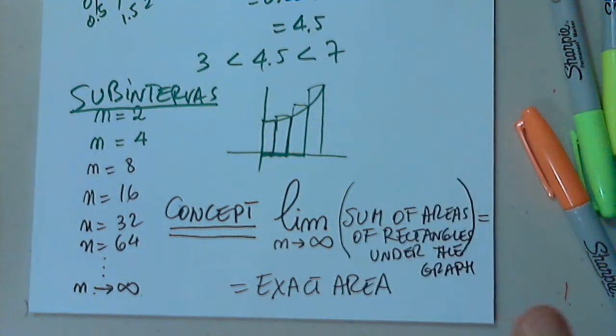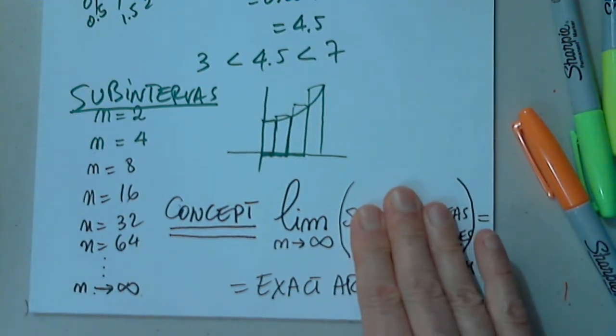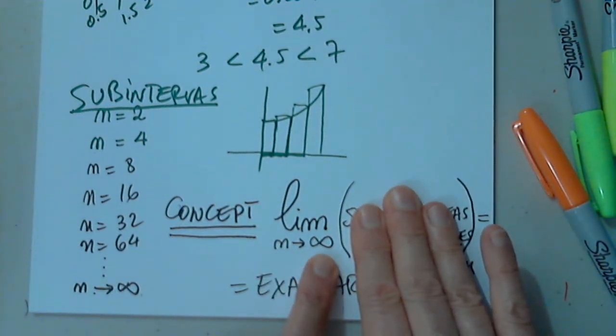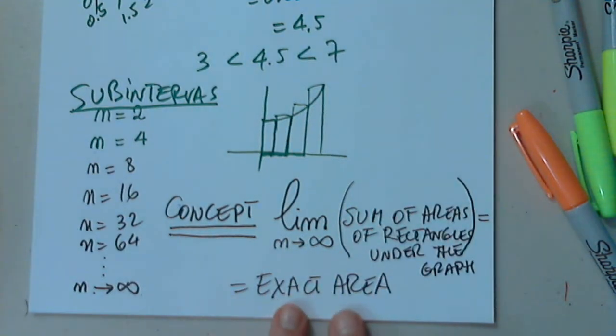So if I make the sum of the areas of all rectangles under the graph, if I determine the sum as n approaches infinity, the number of subintervals approaches infinity, I will get the exact area.